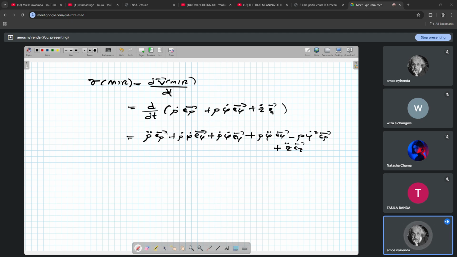Now let's factorize everything that has an e rho. We group the terms following the unit vectors. So we're going to have rho point point minus rho phi point squared, and this is going to be e rho, and then plus rho phi point point, and then those will give me plus 2 rho point phi point, e phi, like so.